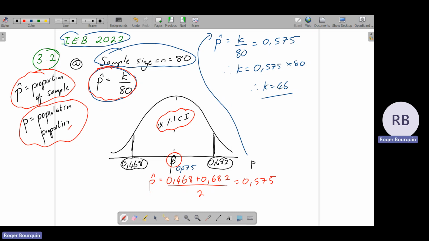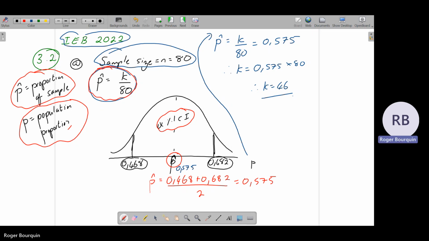So this study showed that an alpha % confidence interval led to a lower boundary where 46.8% said they were going to vote, and an upper boundary where 68.2% of this particular party's people said they were going to vote.